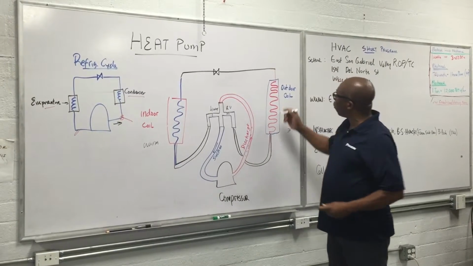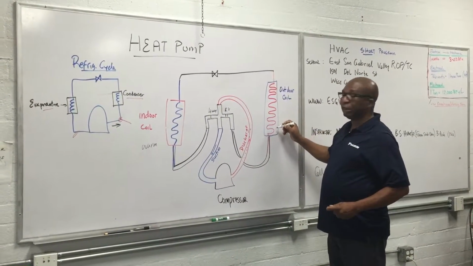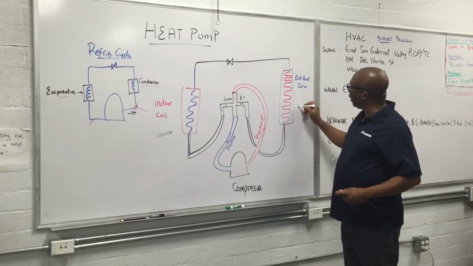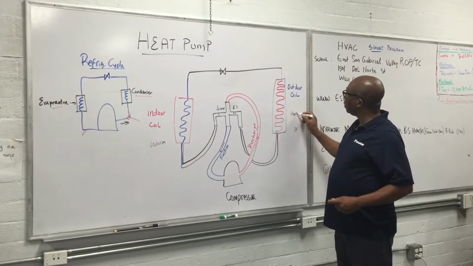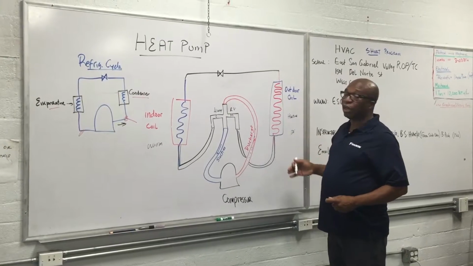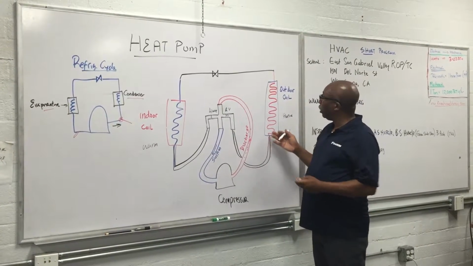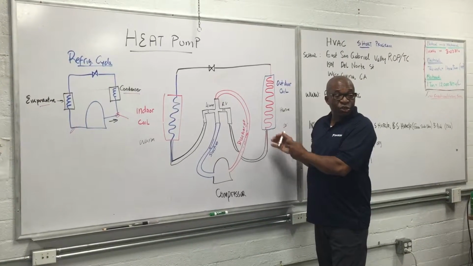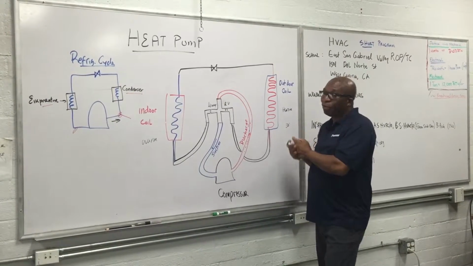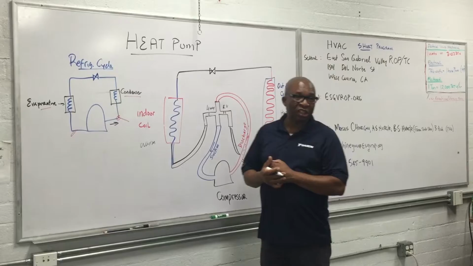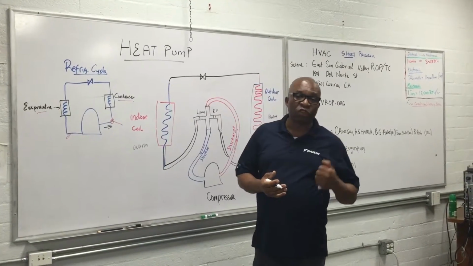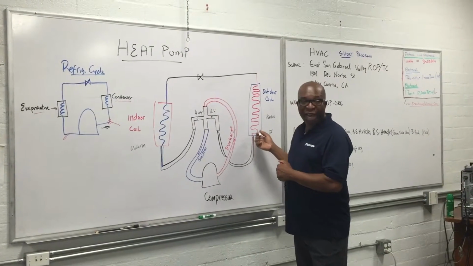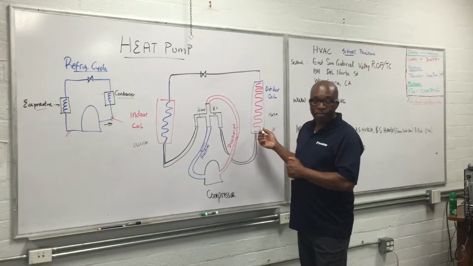You will have this equipment start to form ice because we are heating. It starts to form ice here, which means it's restricting the airflow to the outside. In order to deal with that, there are so many temperature sensors that come with a heat pump to help solve that problem of icing on the outdoor coil.